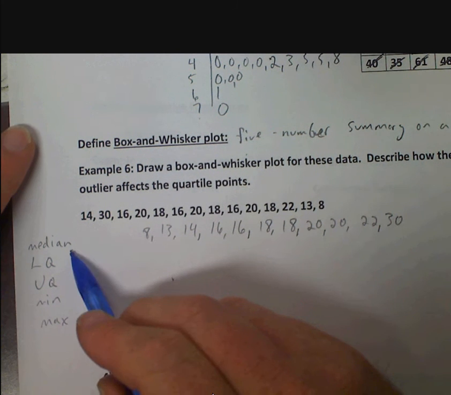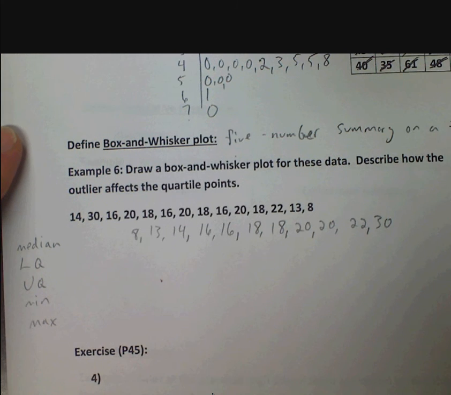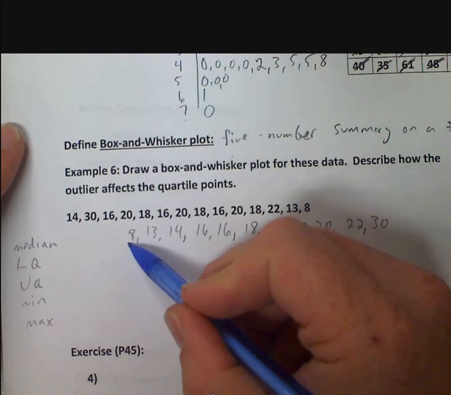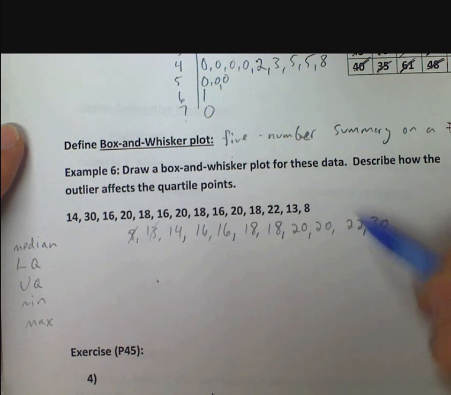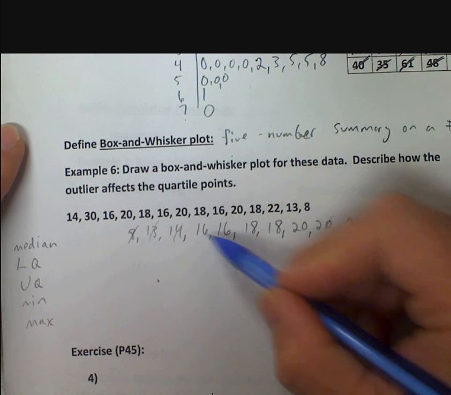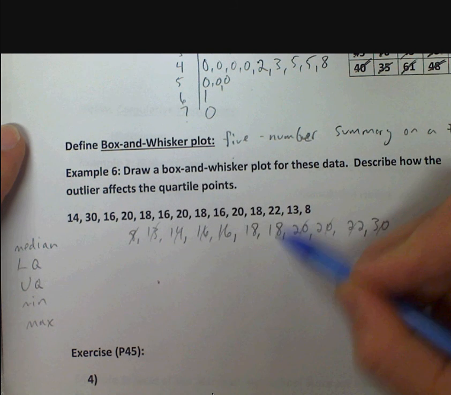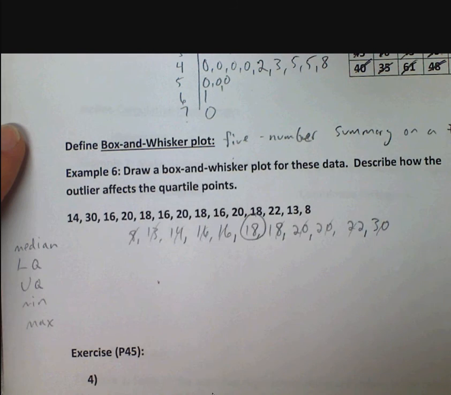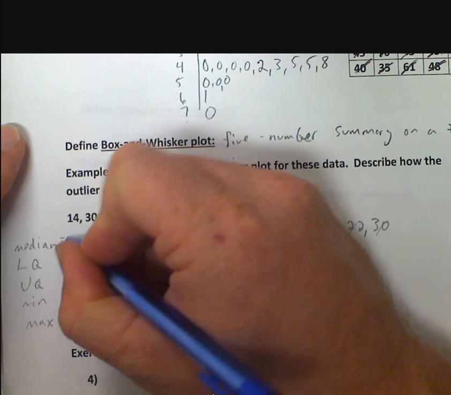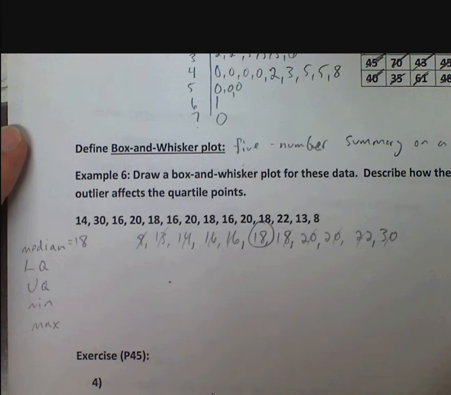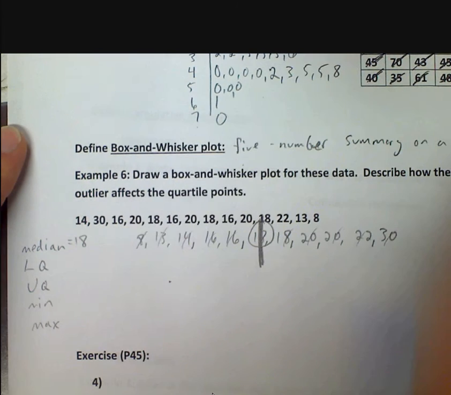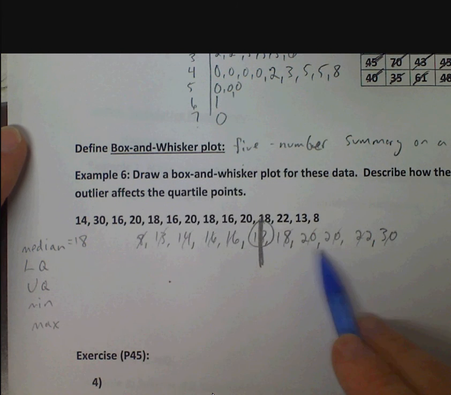So the first dot that we always find is the median. The median is the middle number. Small, big, small, big, small, big, small, big, small, big. The median is 18. The median separates the data: lower half, upper half.